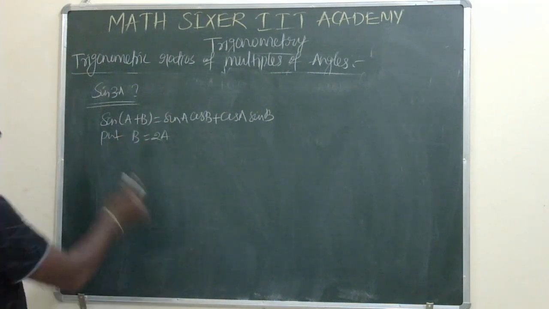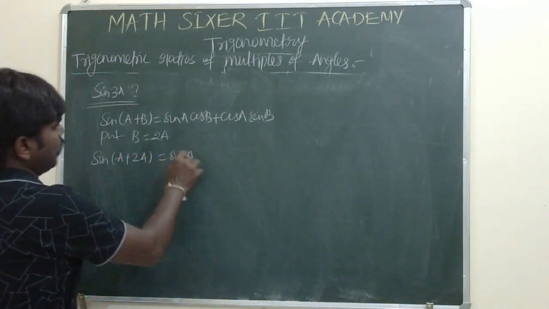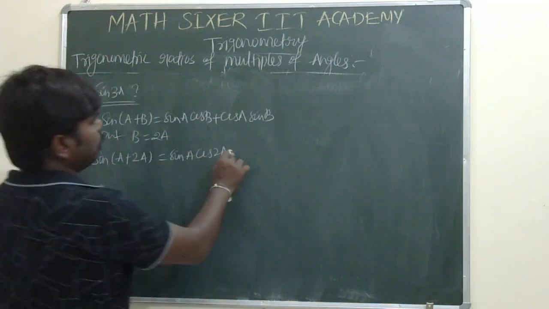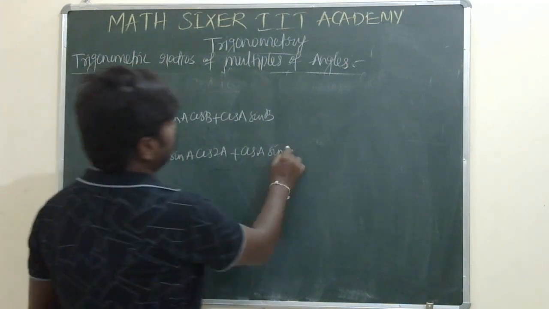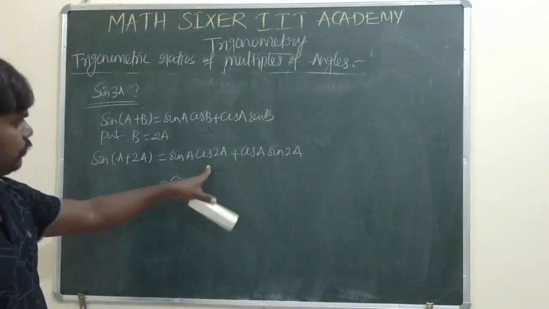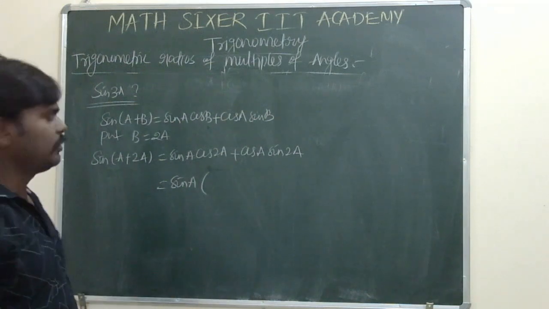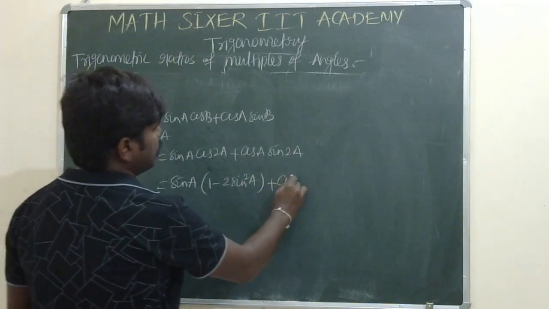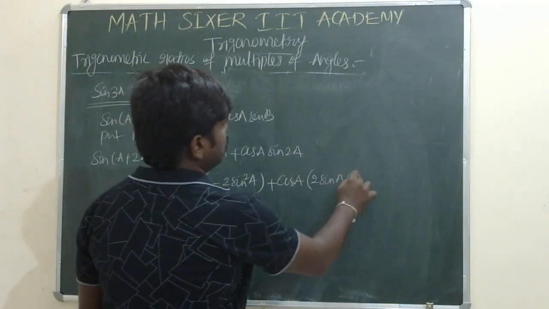Then sine a plus 2a is equal to sine a cos 2a, since we are substituting b equal to 2a, plus cos a sine 2a. Cos 2a in terms of sine we can write as 1 minus 2 sine square a, plus cos a, and sine 2a formula is 2 sine a cos a.